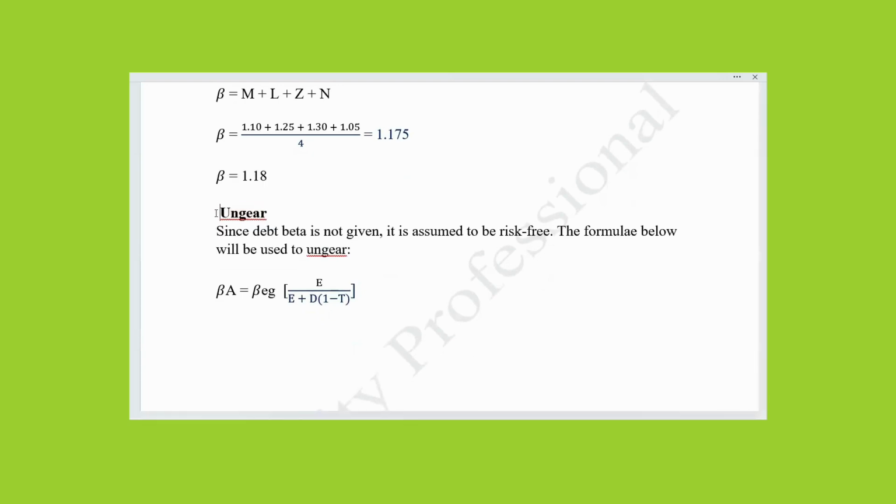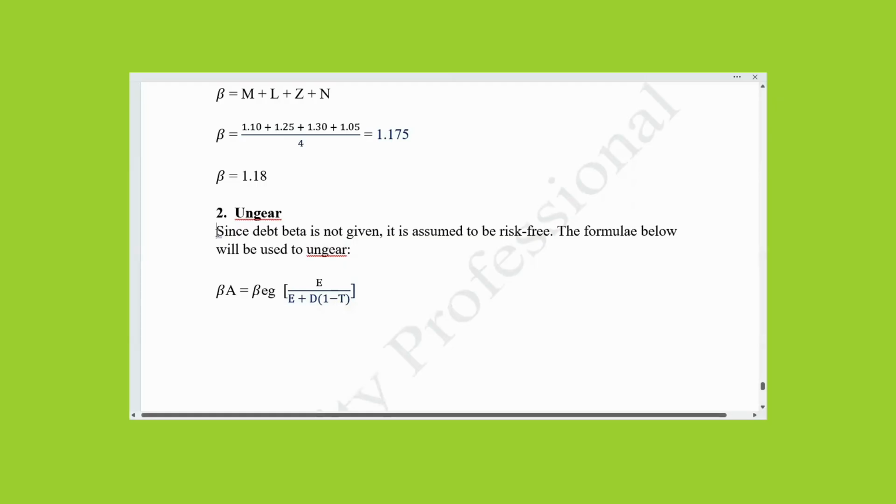Step 2. Another thing I need to add to this information is, let me rewrite this.